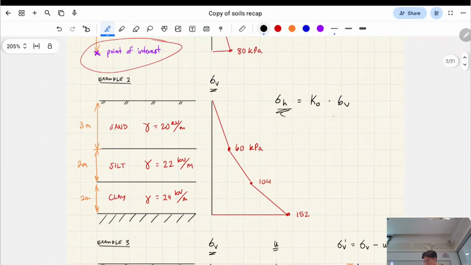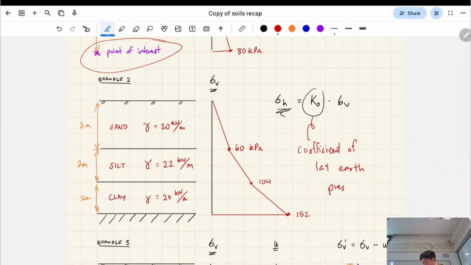Anyway, the way you calculate horizontal stress is you need to calculate the vertical stress first, which is what I described just a little earlier. And then there's something called the coefficient of lateral earth pressure. You'll see when we talk about triaxial tests how they derive this constant.